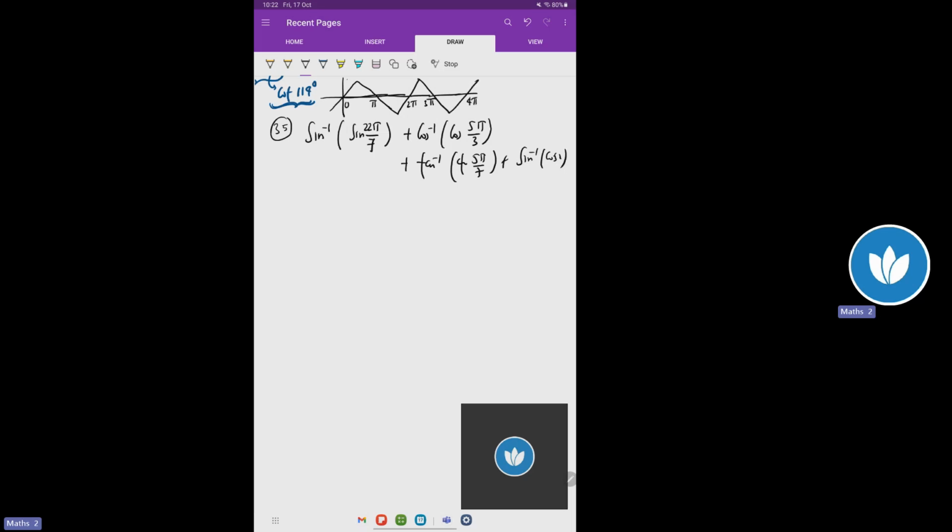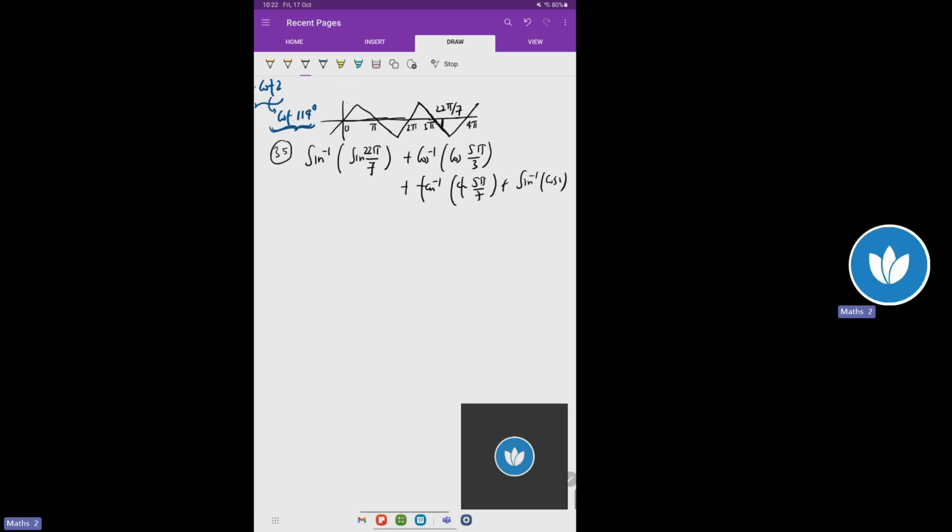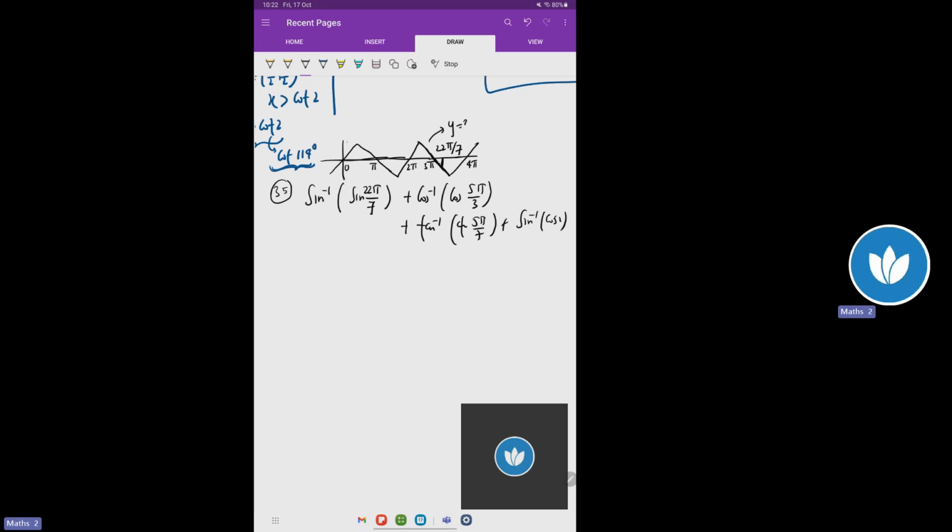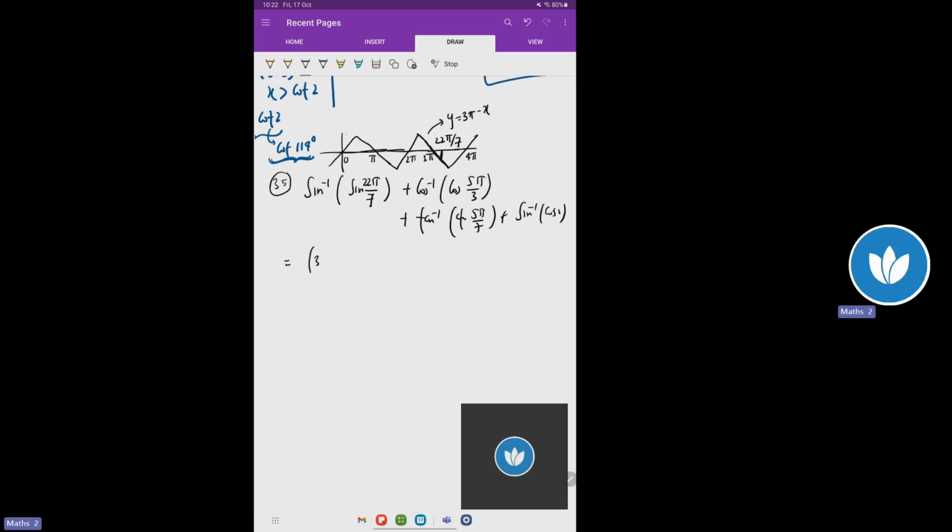So 22 pi by 7 would be somewhere here, just greater than 3 pi. So what can we write as the equation of this line? 3 pi minus x. So we can write this as 3 pi minus 22 pi by 7.